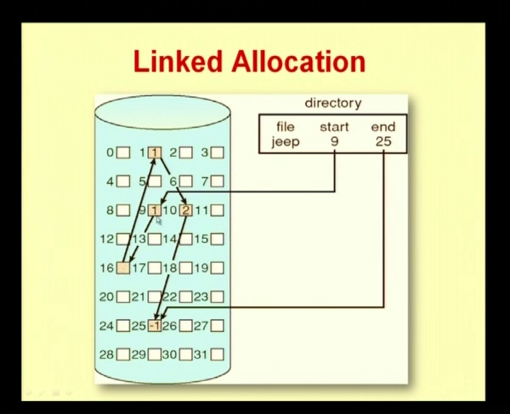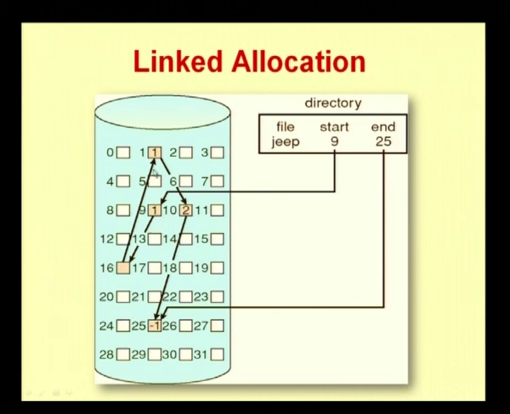So from 9, what happens? It goes to 16, and from 16 it goes to 1. From 1 it goes to the 10th location, and from the 10th location it goes to the 25th location, and it ends over here. That is the reason it is said that it starts at the 9th location and ends at the 25th location.